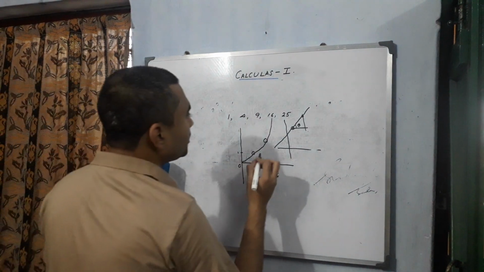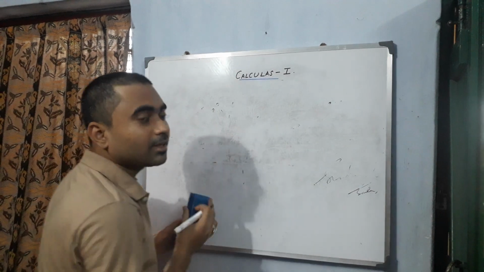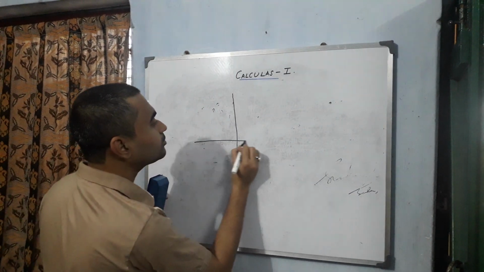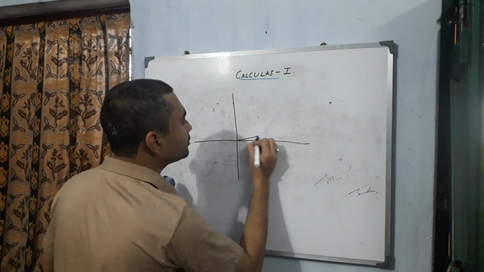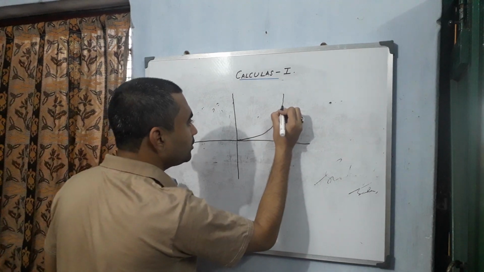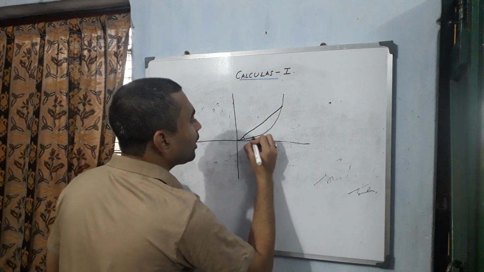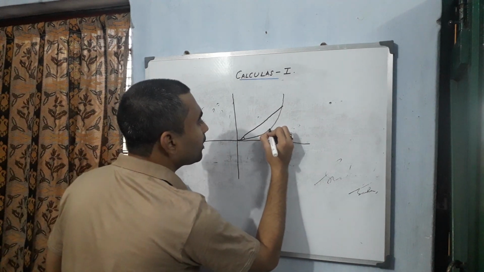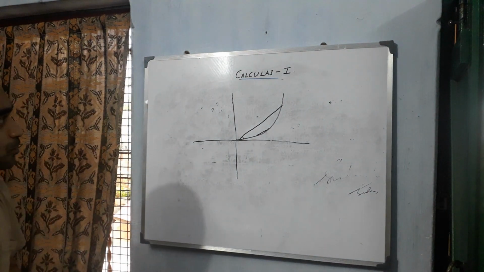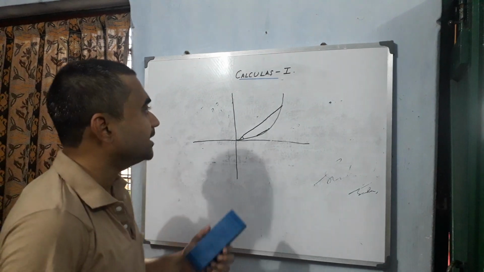But here if we take different points, like this point with this point, this slope, and again this point and this point, this slope is different. Now we just cannot find out how these are changing.